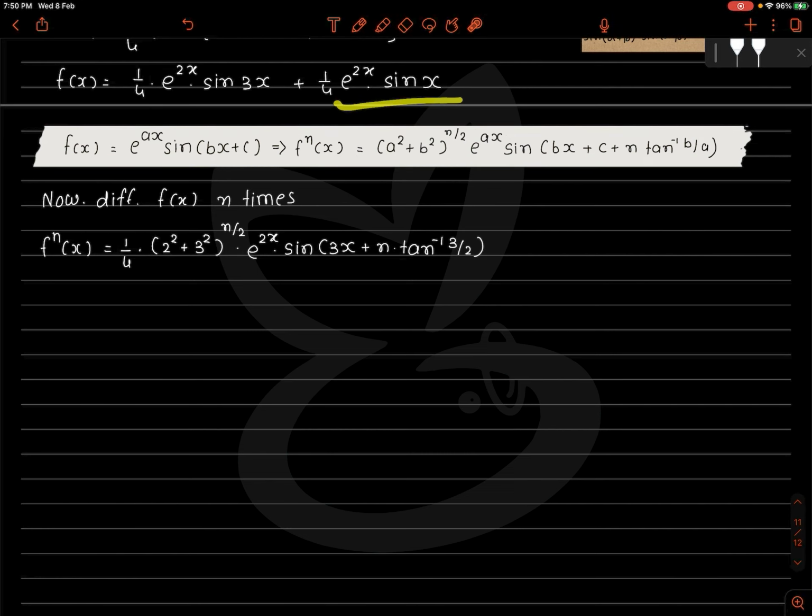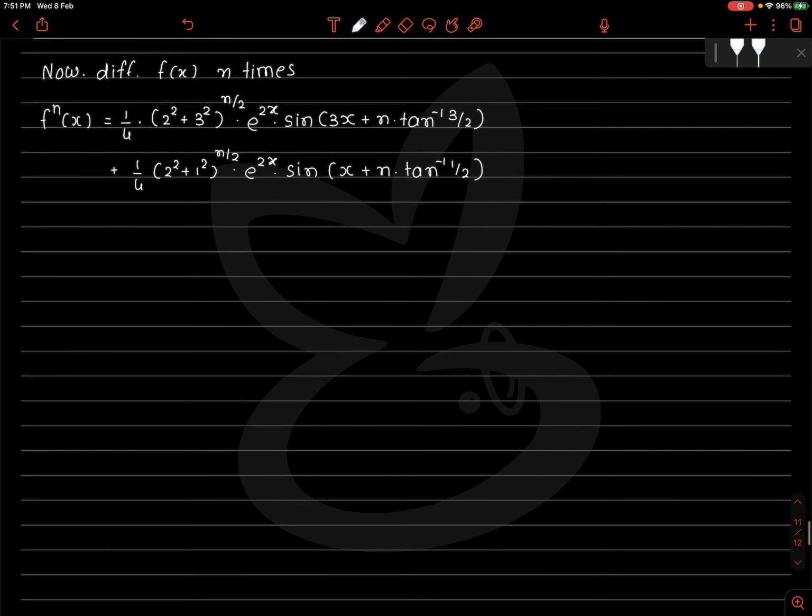And for the second term, we would write plus 1/4 of 2 square plus 1 square raised to n by 2 into e raised to 2x into sin. Value of b is 1, so we would write x. There is no c, so we don't have to write it. And the next term would be n into tan inverse 1 upon 2.